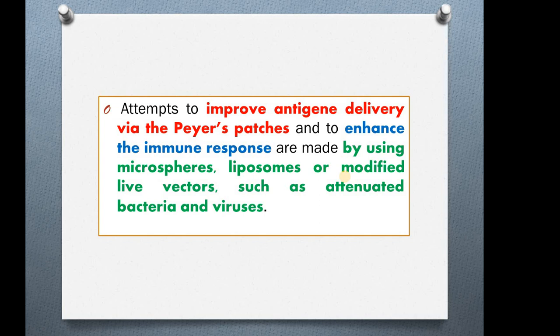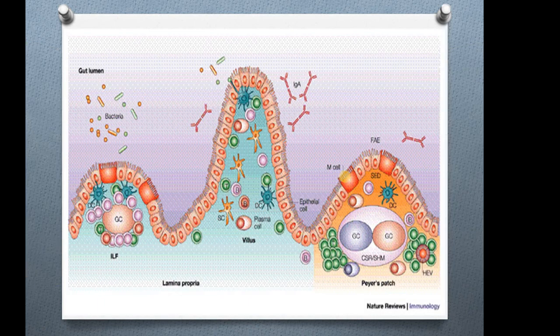So we can use this way for oral immunization. Again, you have to keep in mind that for immunization we just want a very small fraction to activate the immune system. And thank you.